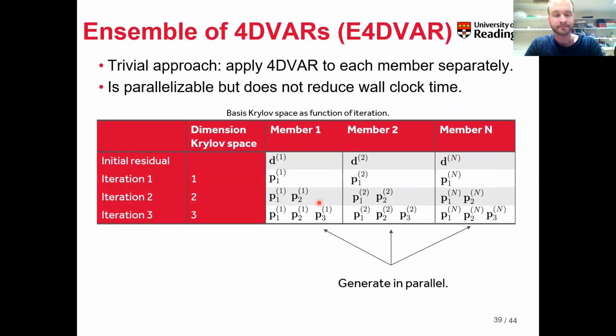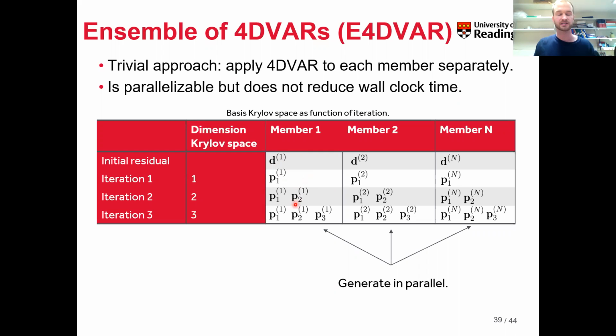Now, if you run an ensemble of 4D-Vars, the trivial, straightforward approach is to just apply 4D-Var separately to each ensemble member. And if you do so, and you look at the Krylov space of each ensemble member, then after your first Krylov iteration, each ensemble member has a Krylov space of dimension 1, which was obtained by normalizing the residual.